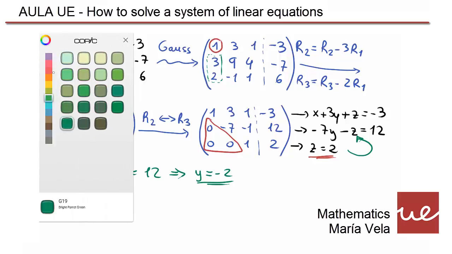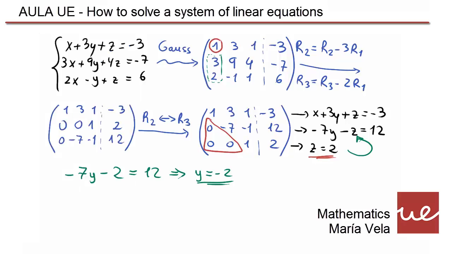At this moment we already have the solutions for both z and y, and we can just find out the value of x by replacing both into equation number 1.